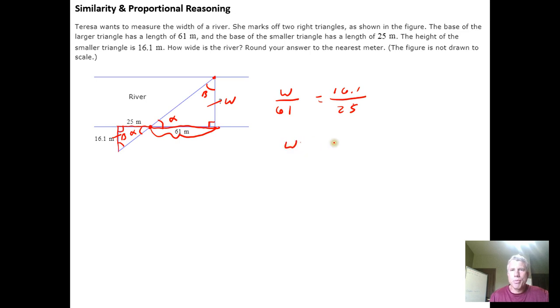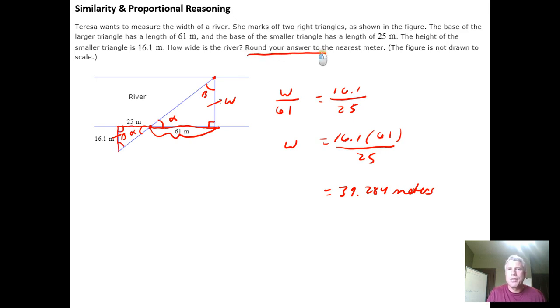And then we just multiply both sides by 61, divide by 25. Calculator will spit out a number if we're lazy and don't want to do it by hand. It's giving me 39.284, and this is in meters. And again, round to the nearest meter.